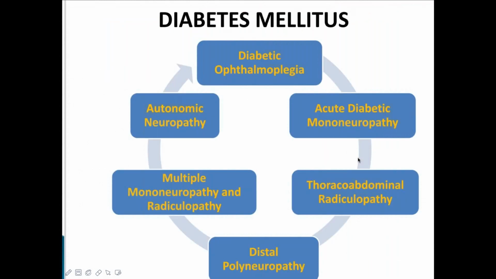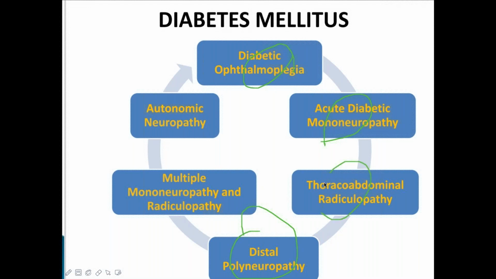So now, when we come to diabetes, there are patterns with diabetes. We usually ask this at the PG level, but it is a good viva at undergrad level. There are 7 main patterns. The polyneuropathy, motor plus sensory, the one at the bottom, is the most common. You might get an ophthalmoplegia. You might get acute diabetic mononeuropathy, burning and tingling in the sole of the foot.